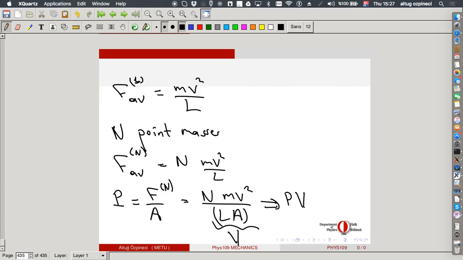What we are imagining is we have n point-like objects moving with velocities with a given speed v. So they will exert the force on the wall, the pressure exerted on the wall times the volume of the object as a whole is equal to n times m, let's say Vx squared. Why Vx? Because we are assuming that it's moving in the x direction.